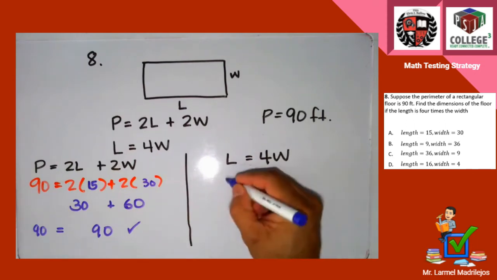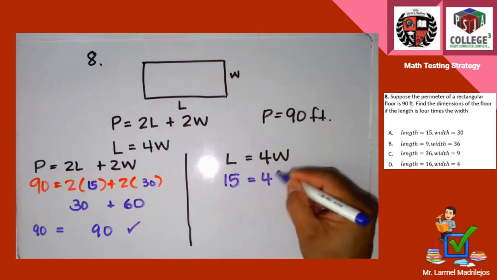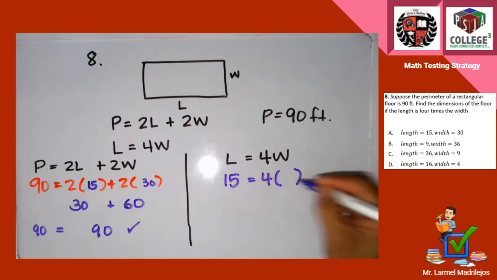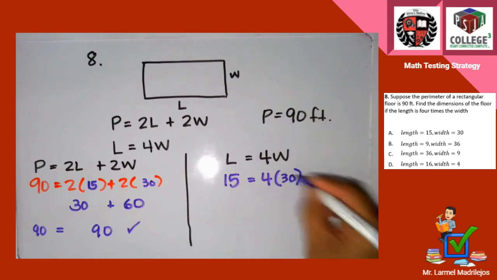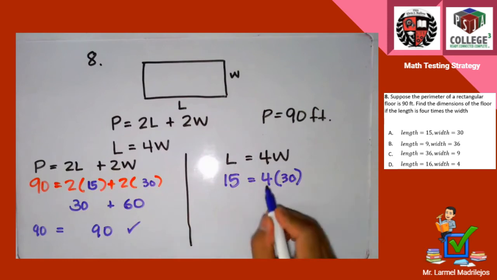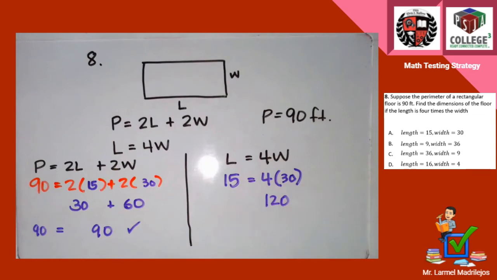The length is 15, equals 4 times the width, which is 30. 4 times 30 is 120. It's not equal to 15. So choice A is not the answer.